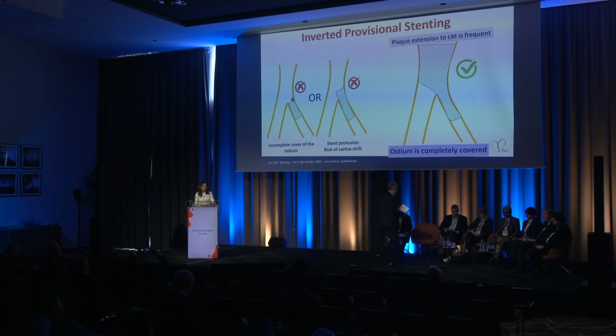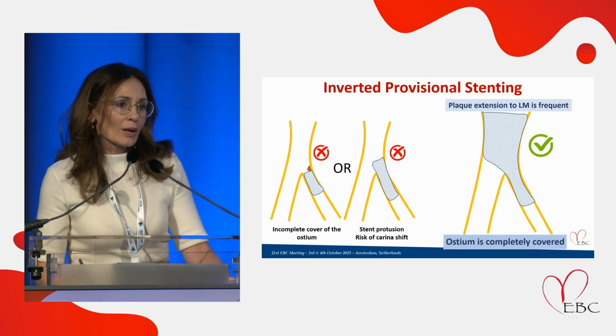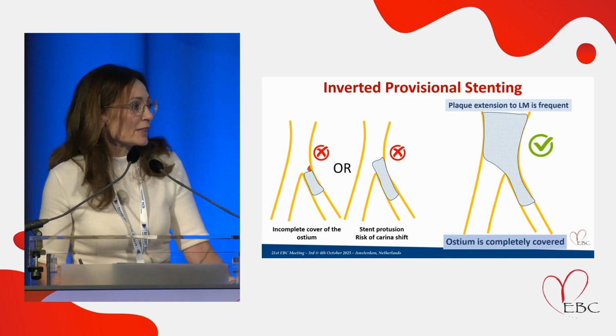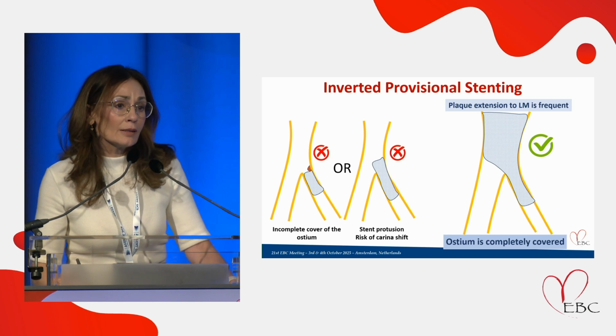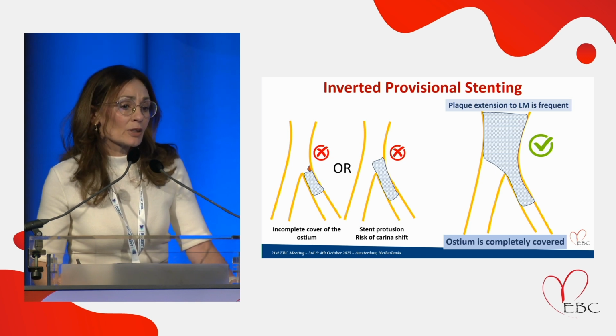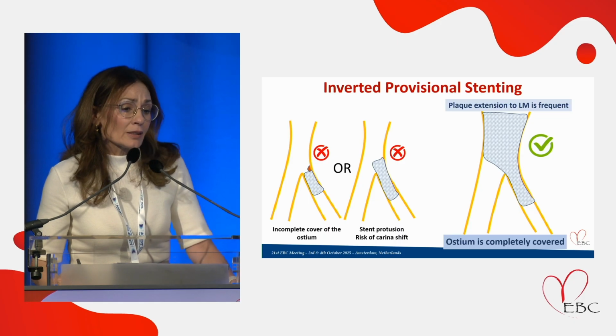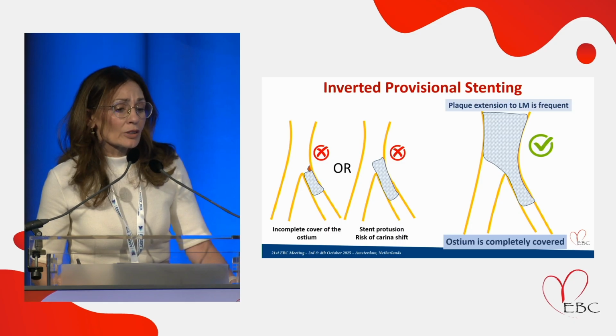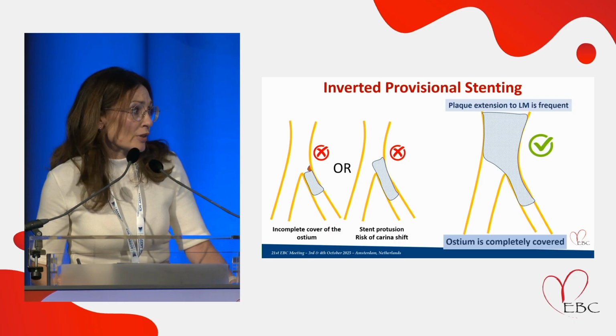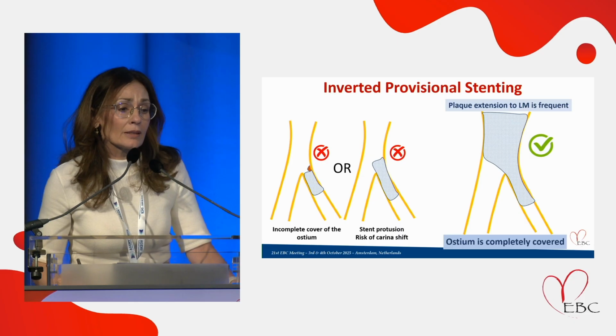As previously discussed, 001 left main bifurcation lesions are a particular challenge for PCI. Although the evidence is limited, inverted provisional stenting is often chosen as the strategy of choice. The advantage of this technique is to cover totally the ostium of the circ, as we can see in the slide.